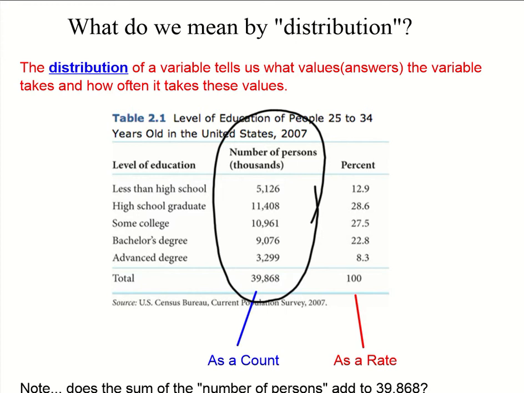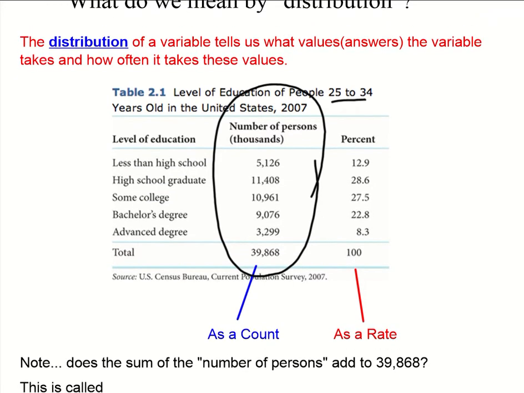And that's 12.9% of the total of people ages 25 to 34 in the U.S. in 2007. If we look at the percentages, that tells us a little bit of information about this data, just having a table.